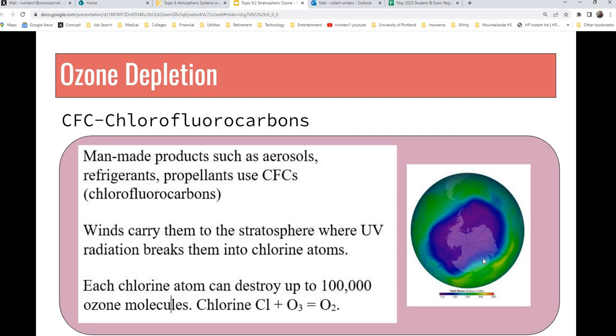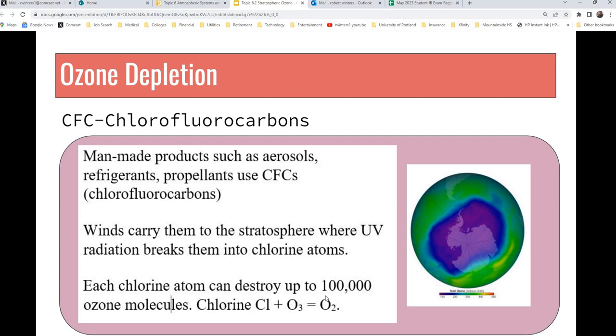Now, why was it being destroyed? Well, CFC molecules, chlorofluorocarbons, which are man-made products, typically used in aerosols and propellants, were interacting with ozone. And what happens then is every chlorine atom, we get chlorine from these chlorofluorocarbons, interacts with an ozone, and it can destroy up to 100,000 of them.